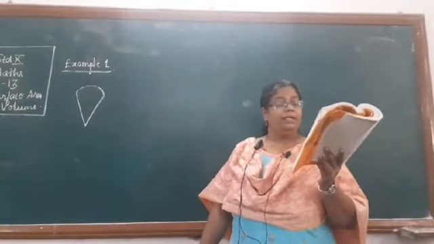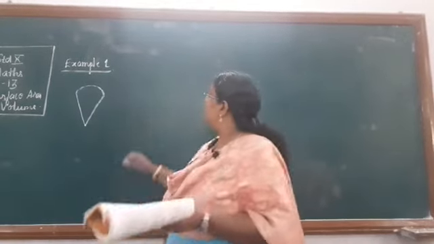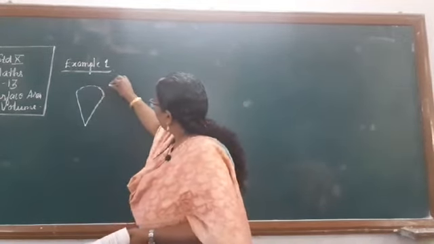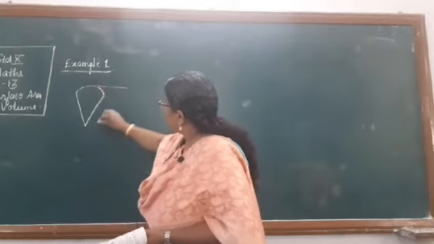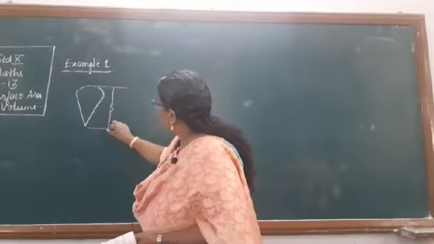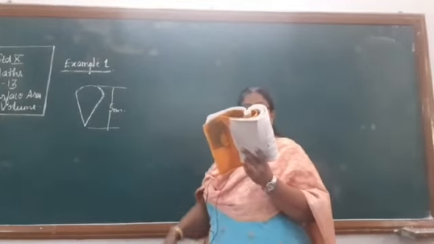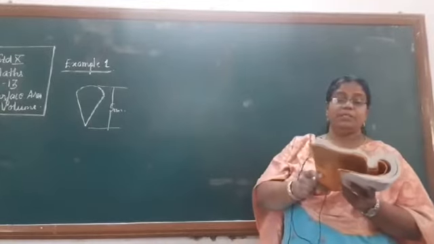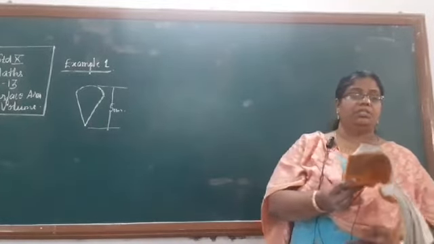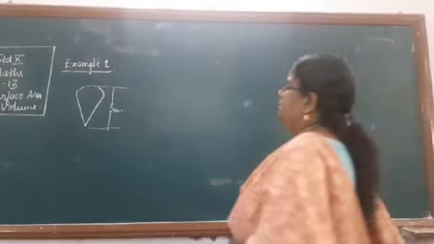Now the entire top is 5 centimeter in height. Meaning this height of the top, if we see the height from here to here, how much is it? 5 centimeter. Okay, and the diameter of the top is 3.5 centimeter.